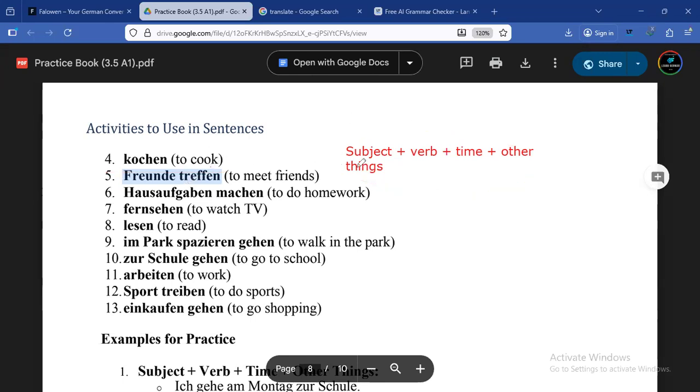What do you think is missing? These two here. What is going to replace what here? What is missing here? Do we have the subject? Do we have the verb? Do we have the time? Or we only have the verb and the subject? Maybe is the pronoun missing, or is the time missing, or is the verb missing?